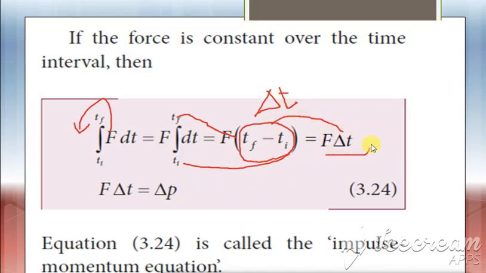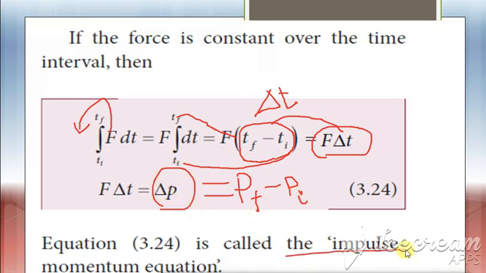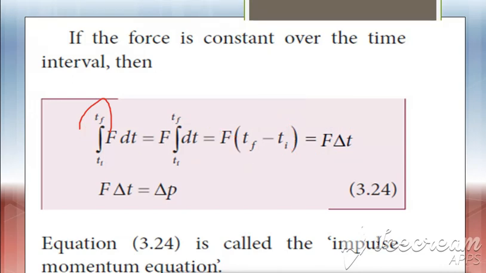And this F into del t is also equal to what? Pf minus Pi, is it not? So that Pf minus Pi is written here as del p. So this is called the impulse momentum equation. Okay, so clear with this? This tf minus ti is written as del t.